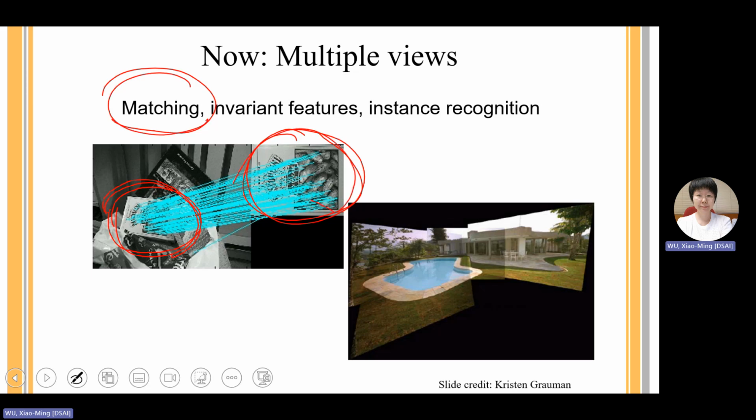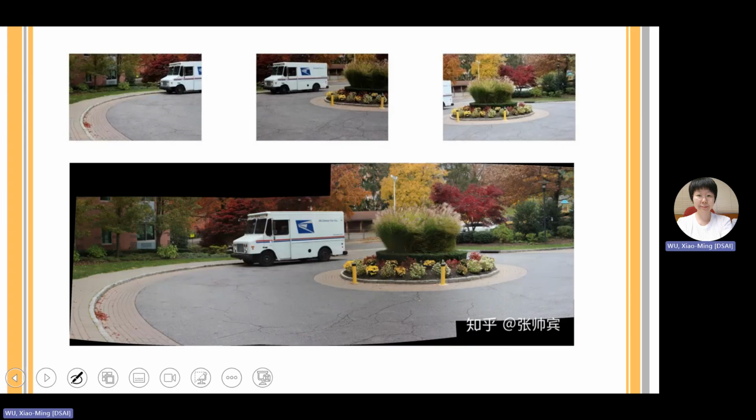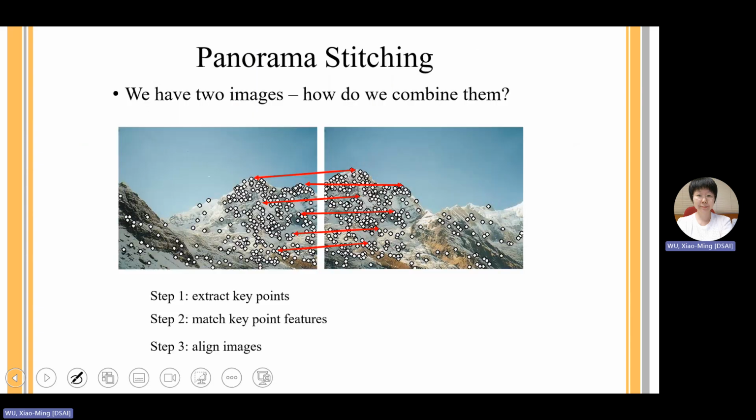We want to connect different views, multiple images, to form a panorama like this. We want to put multiple images together to provide an image with a bigger view or a more complete view. It's called panorama stitching.